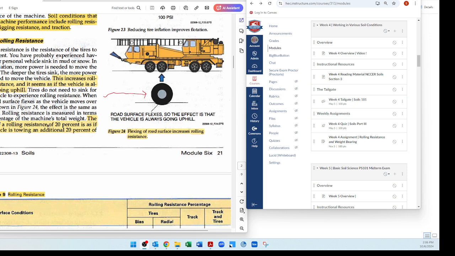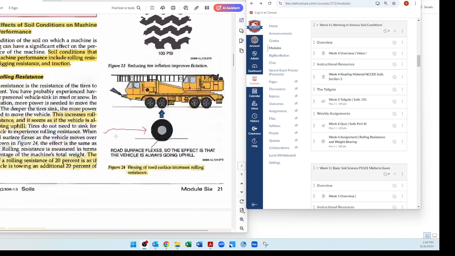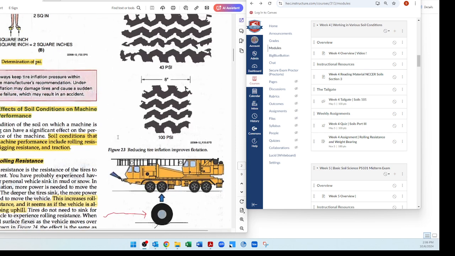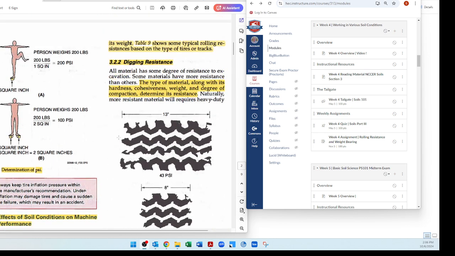The effect of a rolling resistance of 20% is as if the vehicle is towing an additional 20% of its weight.